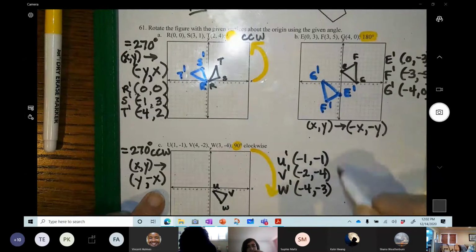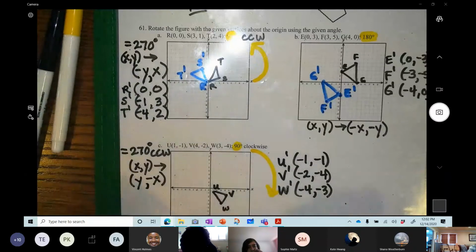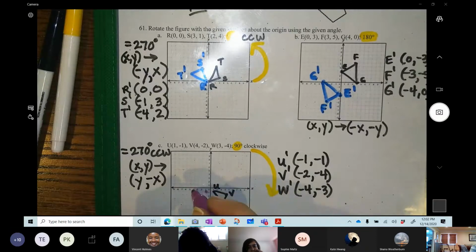So look, I have all quadrant 3 points. Yay, that's a good sign. And then I can graph them. -1, -1 goes here. -2, -4 goes here. And -4, -3 goes there.